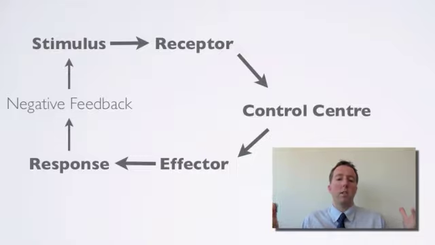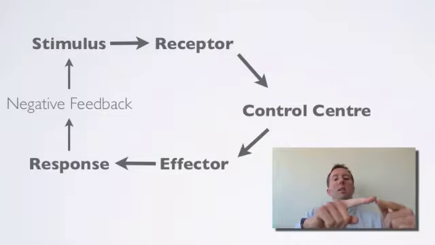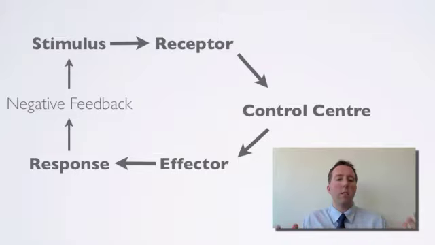It might send a message to our muscles, our effectors. So that's our muscles. And the response might be to take our jumper off. We'll get colder when we take our jumper off, and that will negate, or offset, the effect of the original stimulus being heat. So if we're hot: receptor, control center, effector, the response is take our jumper off, and that makes us less hot. Or we could be cold.